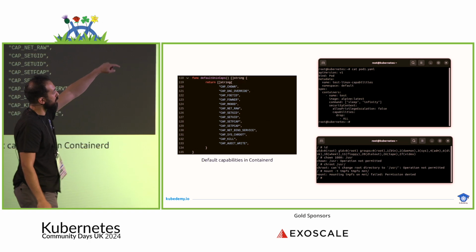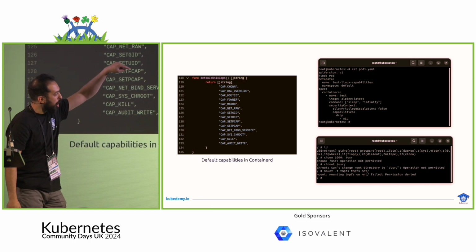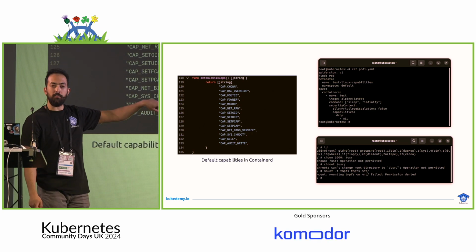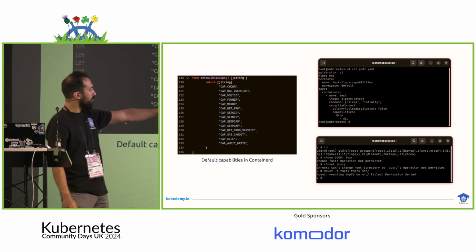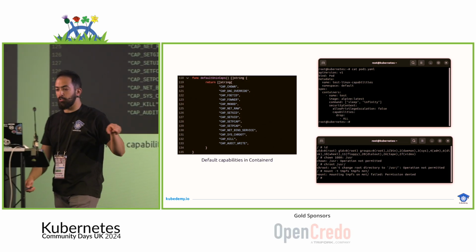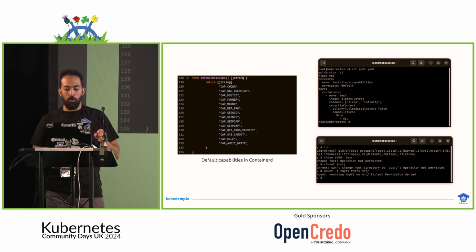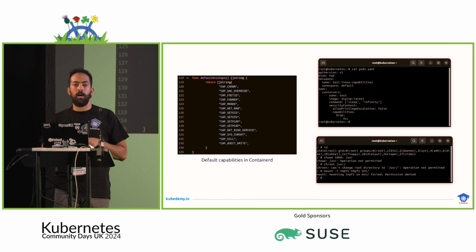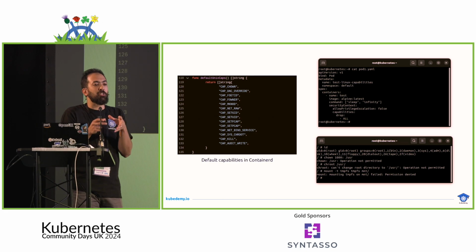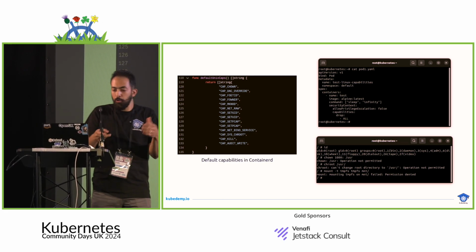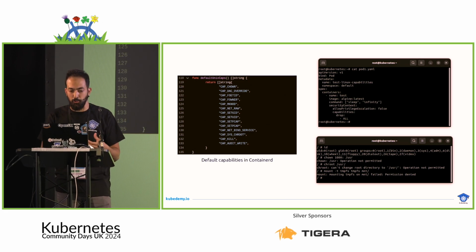For example, within this manifest, I dropped all the capabilities. And when I try to do something within the container, even though I'm using the root user, I have no access to run the chown command, chroot command, or any other actions that need some capabilities, even though you're running your container as root.